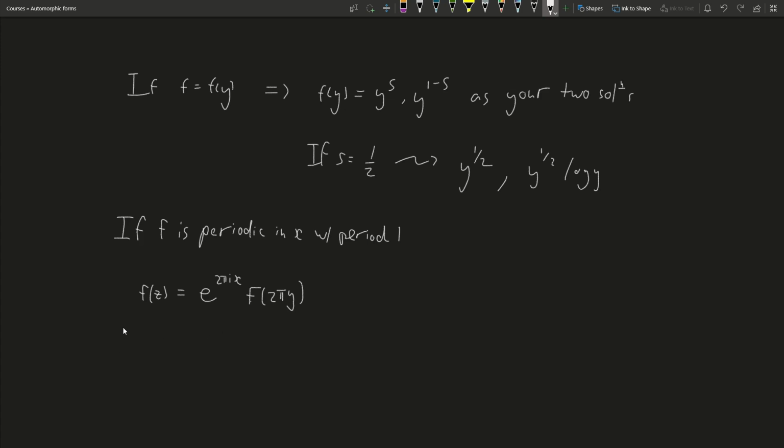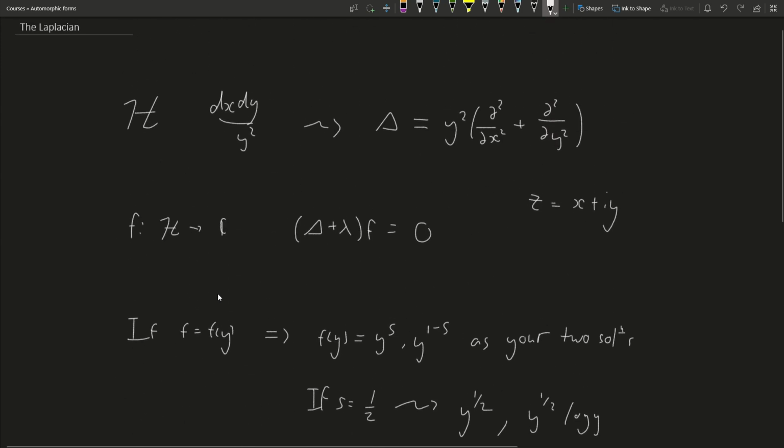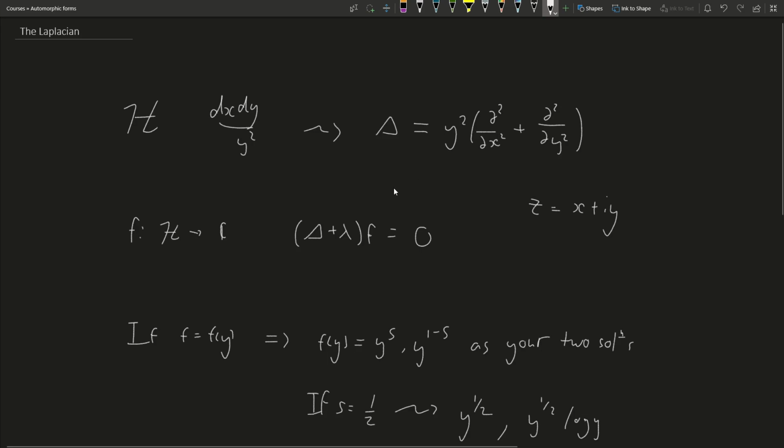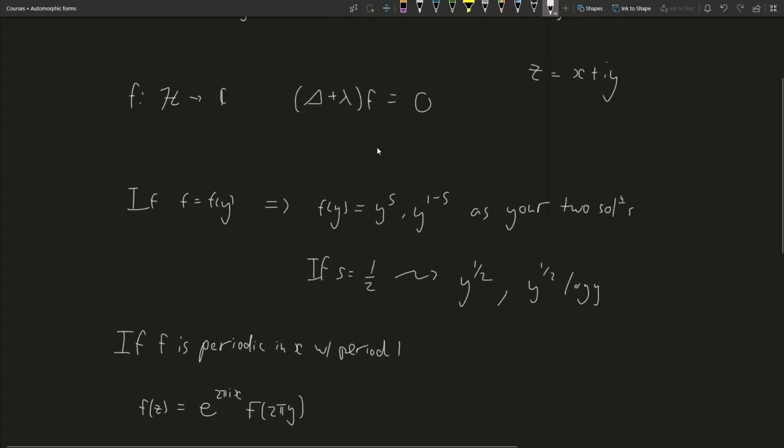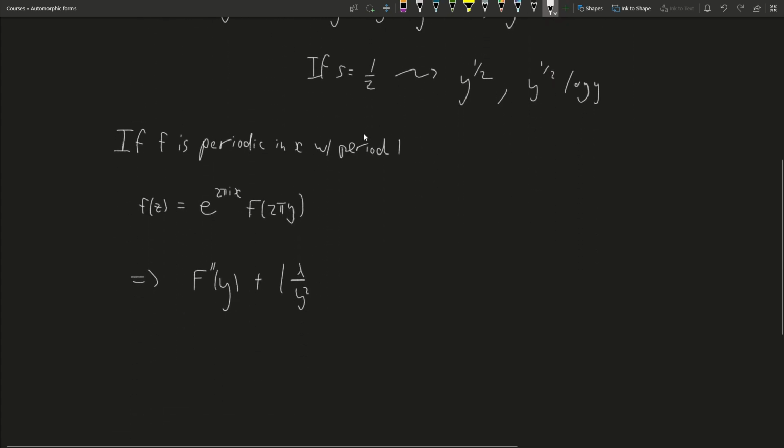and plugging this into this differential equation here, what we find is that this uppercase F has to satisfy the following equation: second derivative of F at y plus (lambda over y squared minus 1) times F of y equals 0. So this is the eigenvalue, or minus the eigenvalue.